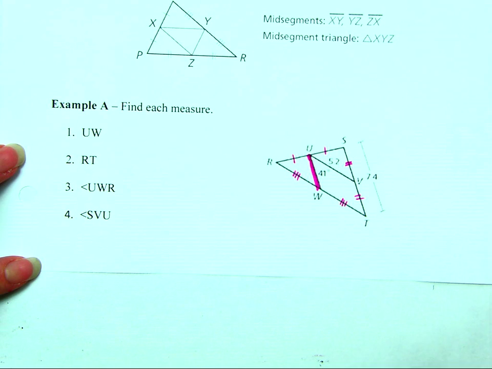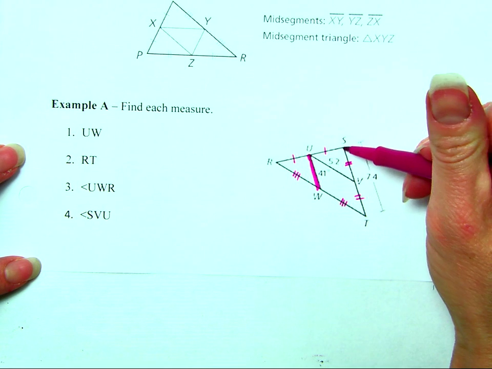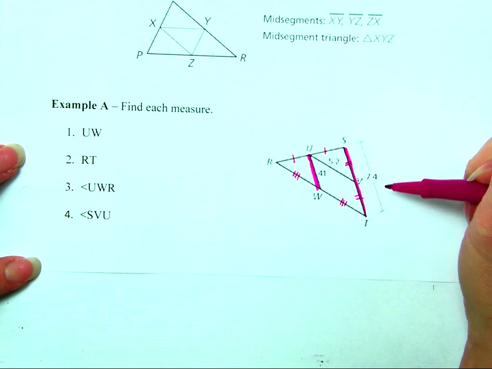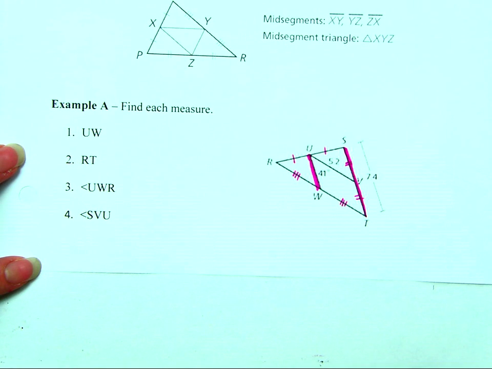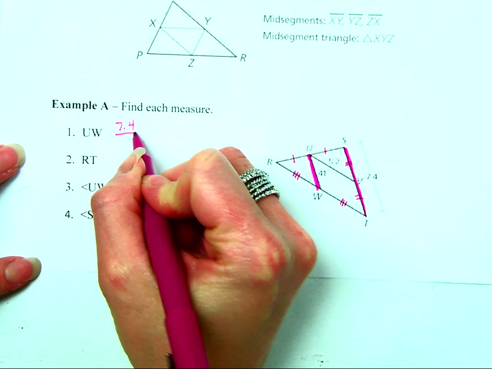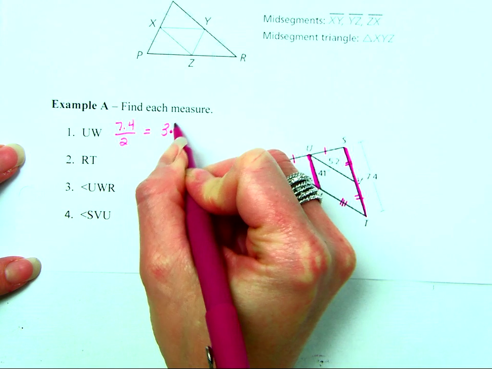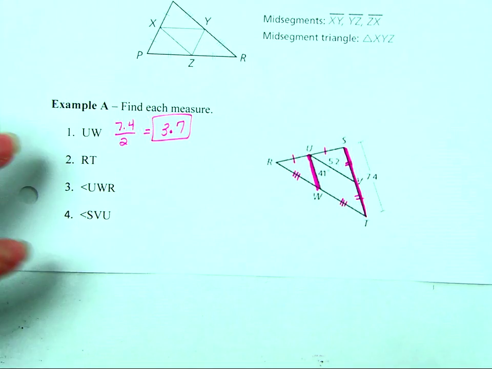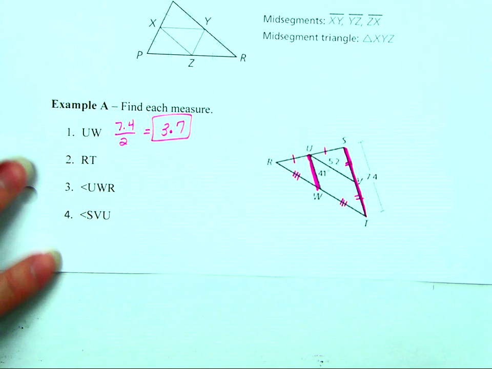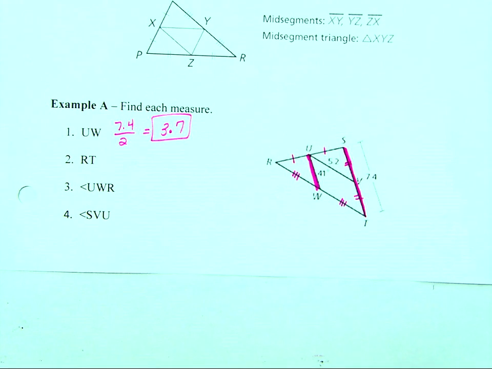Well, I can see it is a midsegment. It would relate to this side here of ST. ST is 7.4. UW must be half of that. 7.4 divided by 2, and we would find out it has a length of 3.7. They're also asking me about finding the length of RT.